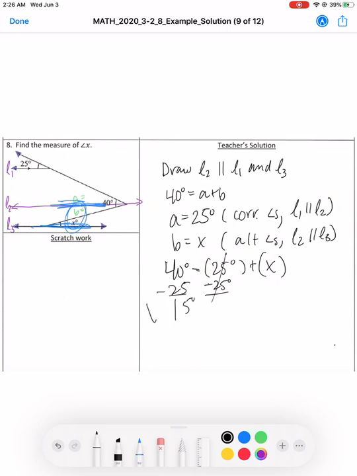Okay, so X is equal to 15 degrees. Okay. All right.